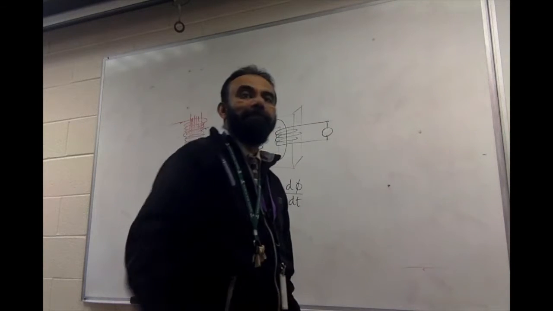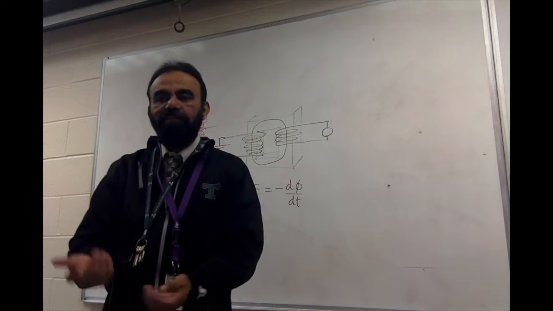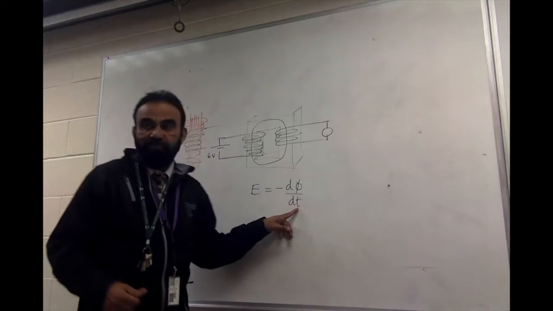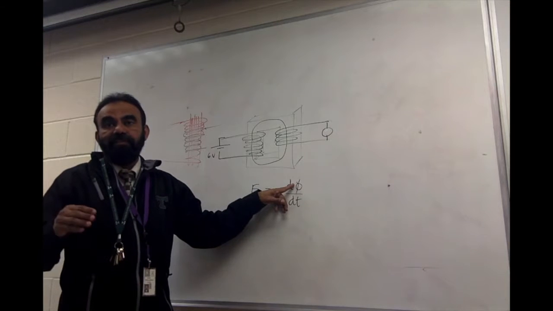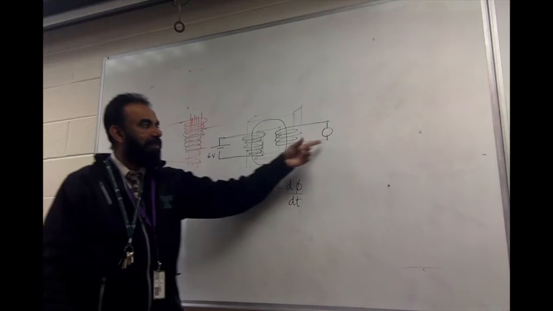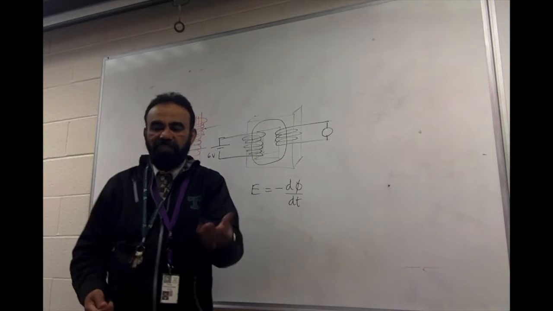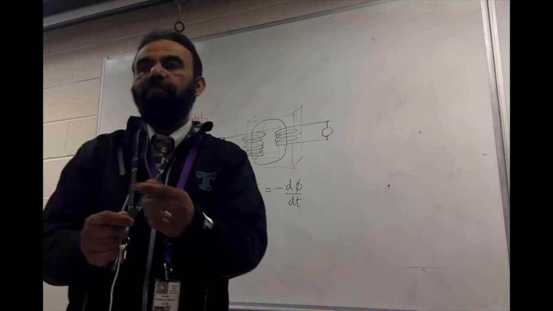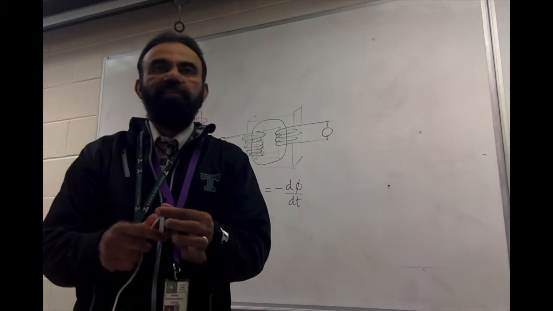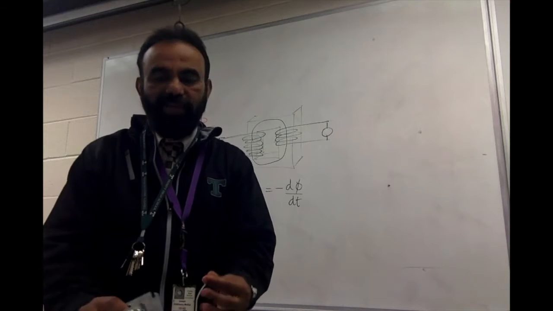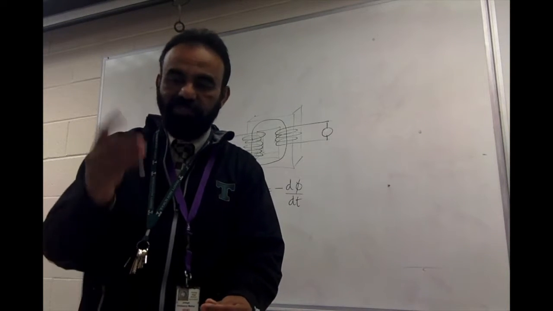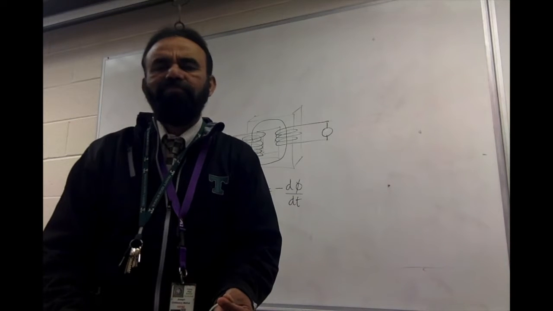It takes a long time. So when I connect it, you don't feel anything at all because the time taken to establish that current, the time taken to change that flux, is a big value. So how many volts EMF can you expect to get over here? Probably something less than 5 volts. That's the reason why, although you're holding it and I'm connecting this cell, you will still not feel a thing.